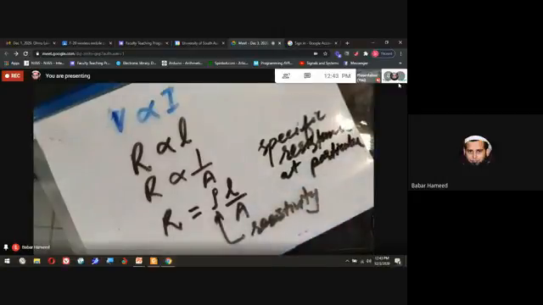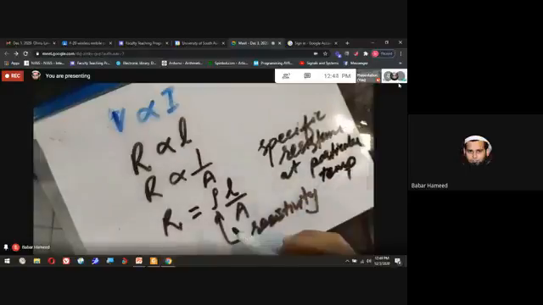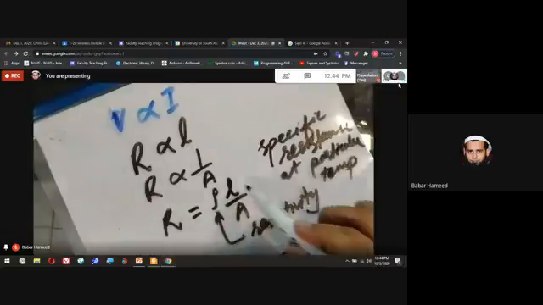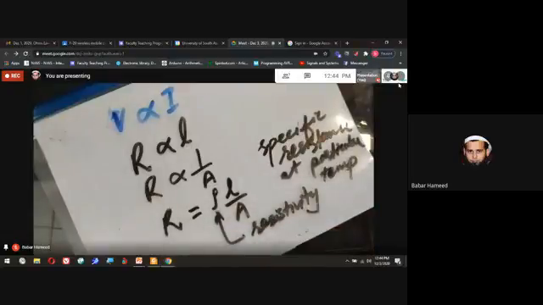If it is so, we can see length, area, and this stuff depend upon temperature. These are defining physical properties of a material.